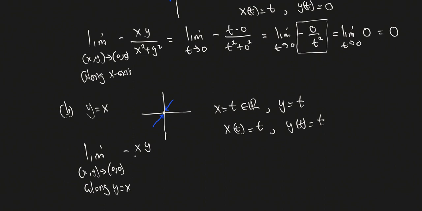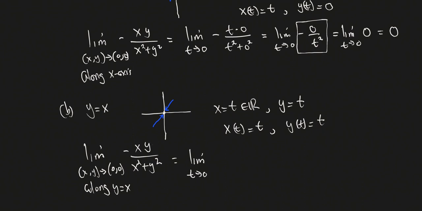It's that negative xy over x squared plus y squared. So now let's express this entire limit in terms of t. In order to approach the origin, t would have to approach 0. That would force x to get closer and closer to 0 and y to get closer and closer to 0. So in this case, t would have to approach 0.